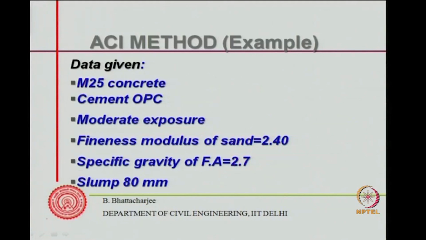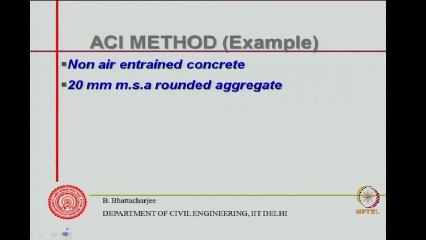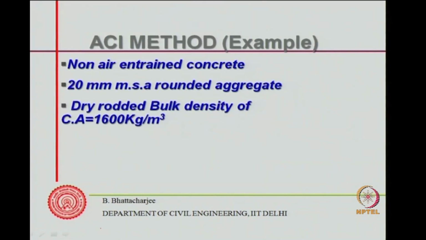Slump is the same as before, 80 mm. Non-air entrained concrete we are using, because again we are only looking at the Indian scenario, and we have chosen 20 mm MSA rounded aggregate as before. Dry rodded bulk density of coarse aggregate is 1600 kg per meter cube.